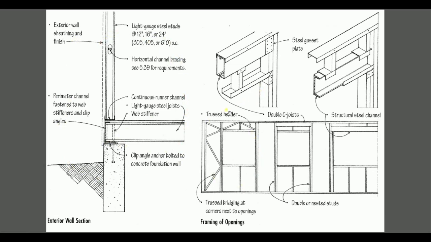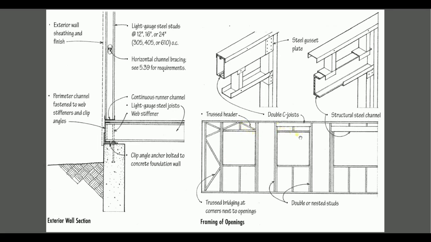Also we have the opening here, so we put the truss header. This header, usually for the wood construction, we use a triple 2x10 for the header, which is still heavy, but the truss header in light gauge steel is light.